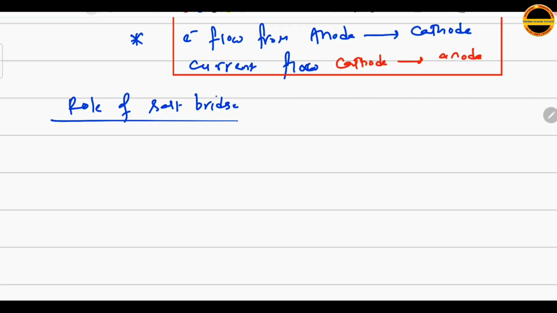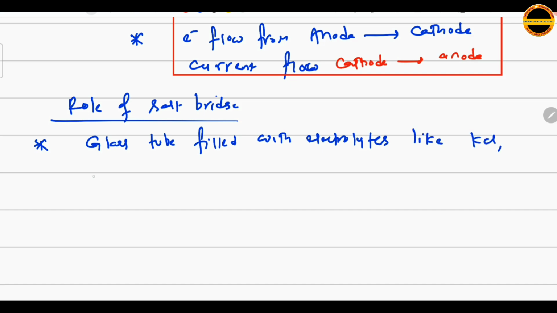The salt bridge is a glass tube which is filled with electrolytes like KCl, ammonium nitrate, etc. Here, remember the criteria for the selection of electrolyte present inside the salt bridge: mobility of cation should be equal to anion.